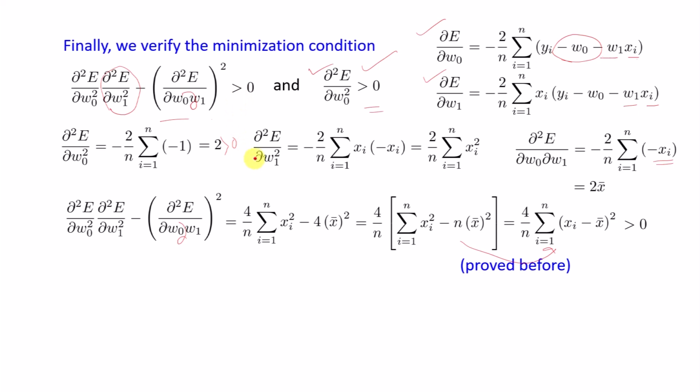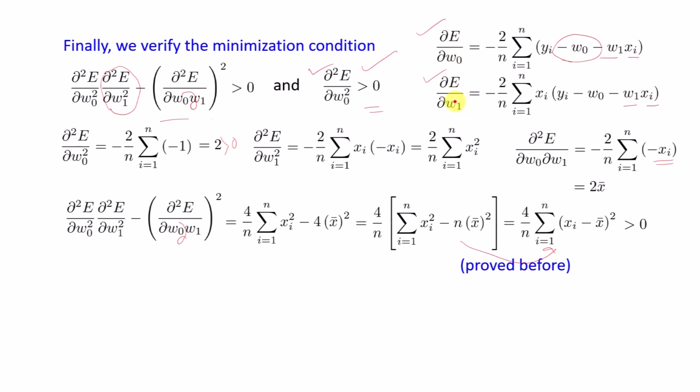More importantly, this minimization condition tells us that this condition is satisfied all throughout in the function. It is not just at the point where these gradients are 0. At every point, we have not used the value of W0 and W1, we have deduced it without setting this to 0.